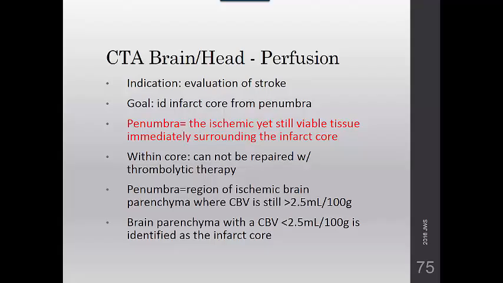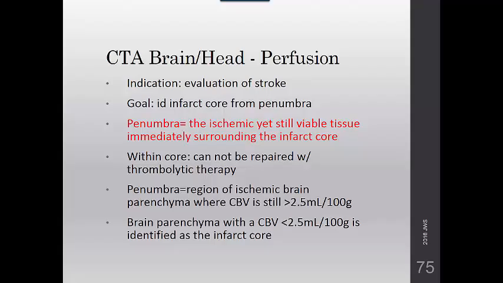Cine acquisition, which means rapid sequential acquisition in the same location over a period of 50 to 60 seconds, is obtained. This allows for complete tracking of the first pass of contrast agent through the intracranial vasculature. It's important to keep track of the patient dose during these exams and let it be kept to a minimum during this extended period of scanning.